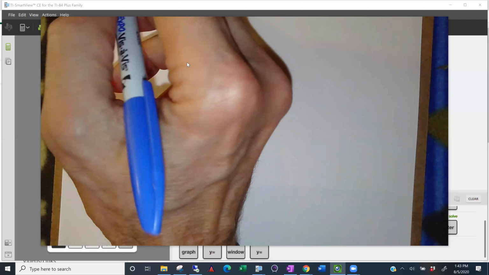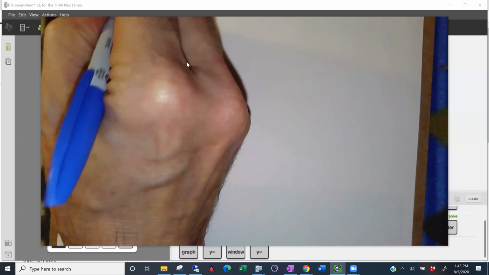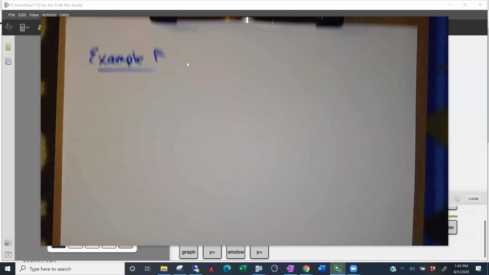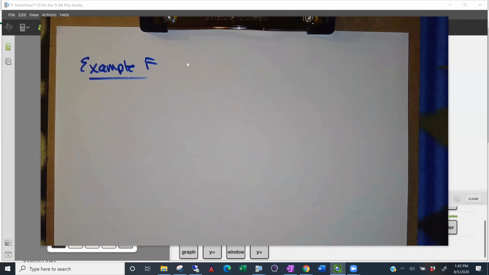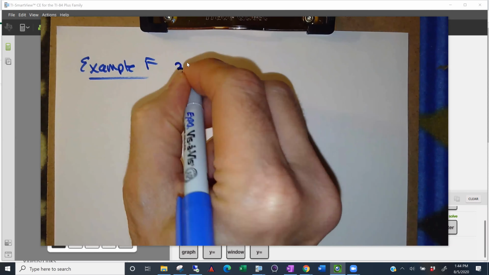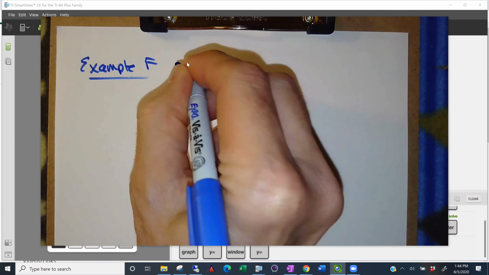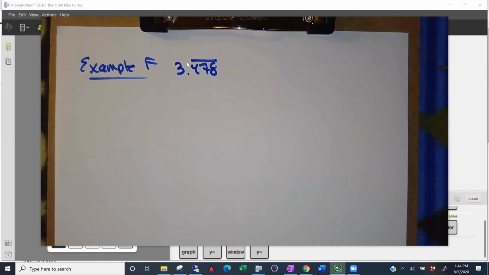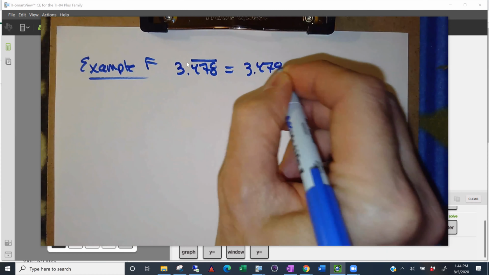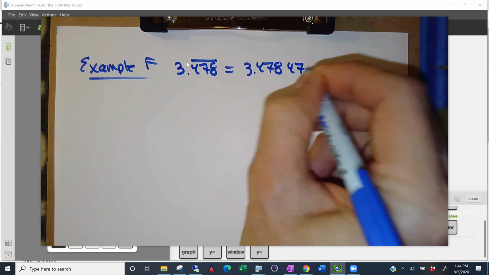Let's see, example F, I guess. So we'll do another one like that. This time we have a number like 3.478 bar. What does that bar mean? It's repeating, yeah, the 478 part is repeating.